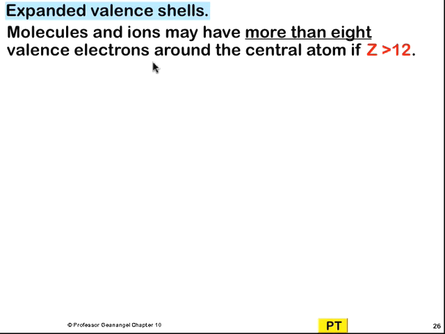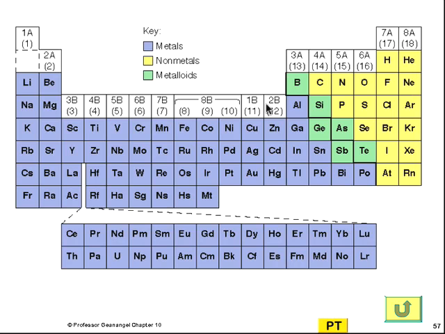Now, the other thing is expanded valence shells. I have a couple minutes to talk about that with you. Molecules that have a central atom with Z equal to 13 or more, in other words, greater than 12, can have what we call an expanded octet. Here's the periodic table.